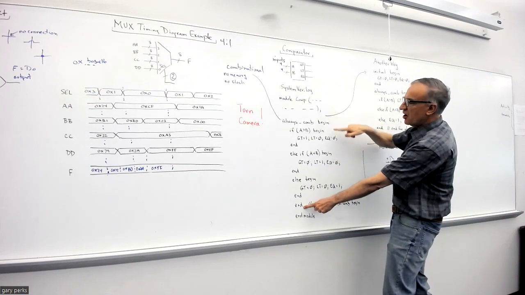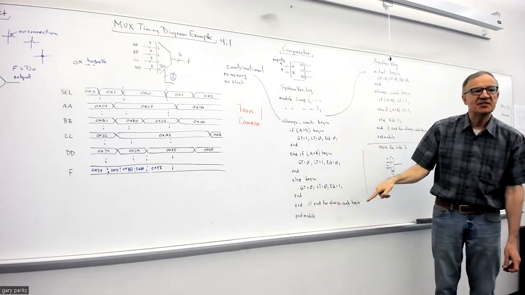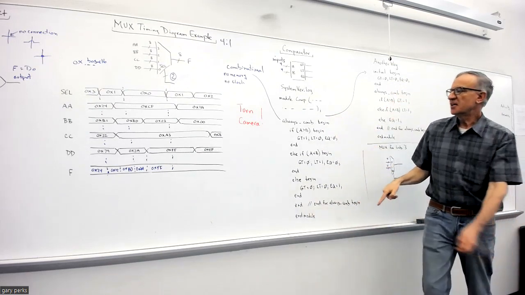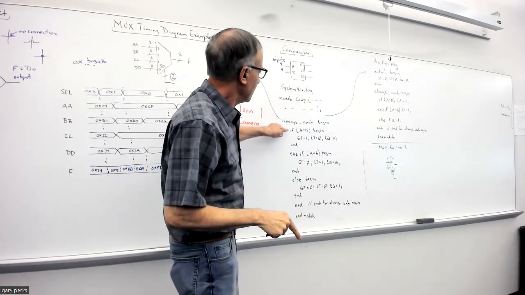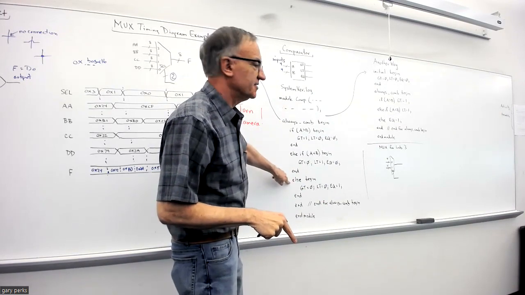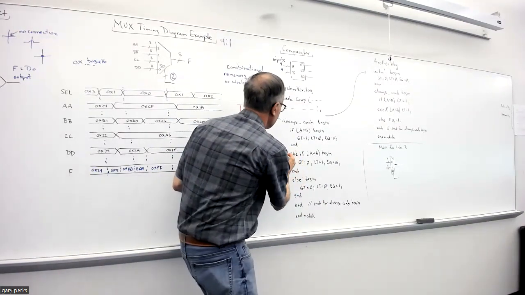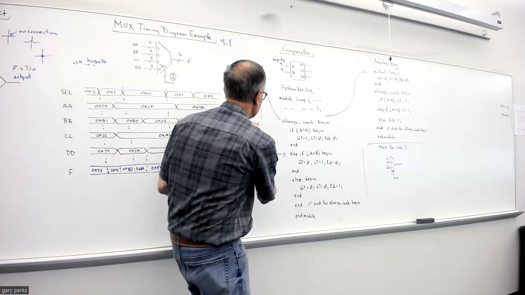And then within the always_comb block, that's where my if statement is. You can see there's an if, there's an else if, and there's an else. Else if, you could have none or as many as you need.